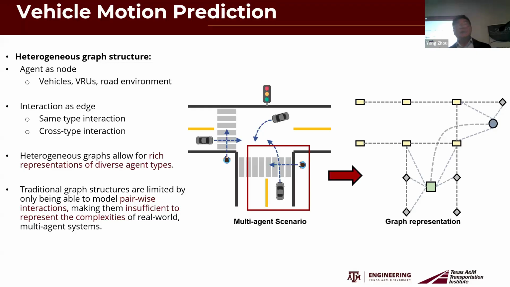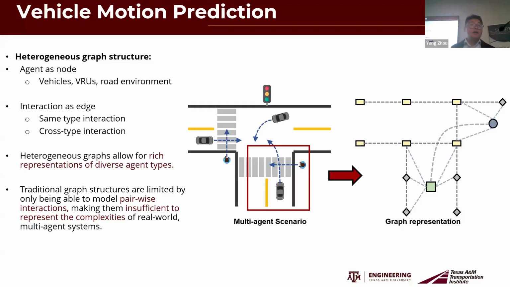And so specifically for this approach, the basic philosophy is that we know the traffic environment is very complex. We have vehicles, vulnerable road users, as well as traffic control devices. So essentially, we treat each as an agent or node, and we know there could be interactions, modeled as edges.